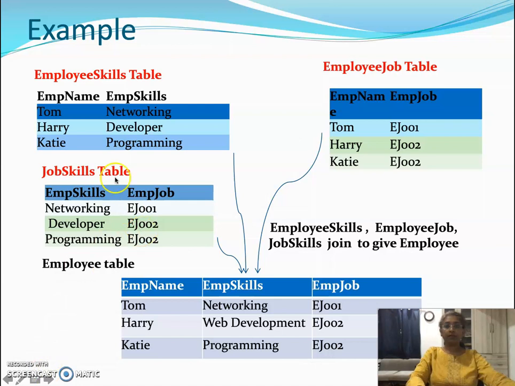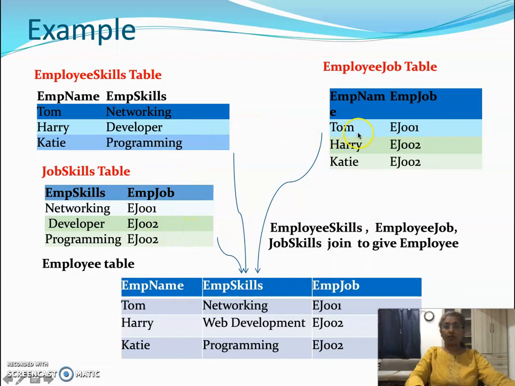In this example, we see that there are three small tables: the employee skill table and the employee job table have EMP name as common. The employee job table and the job skill table have EMP job as common. So we see that there is a join dependency between these tables.